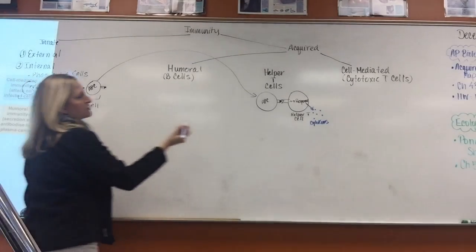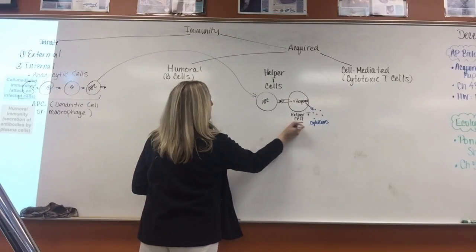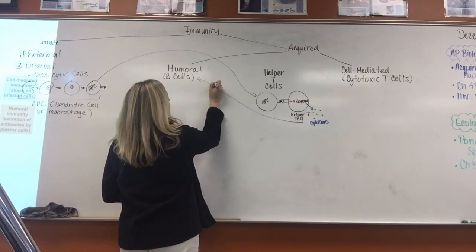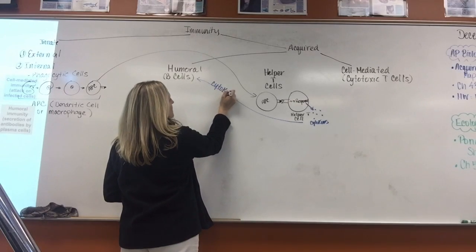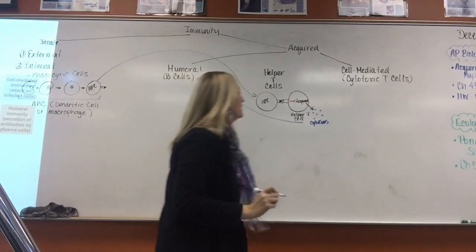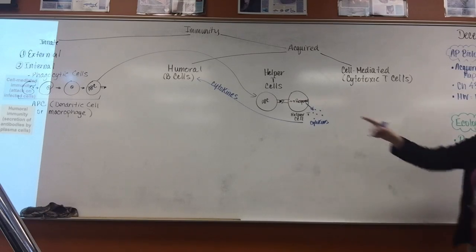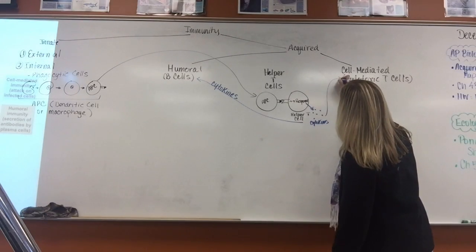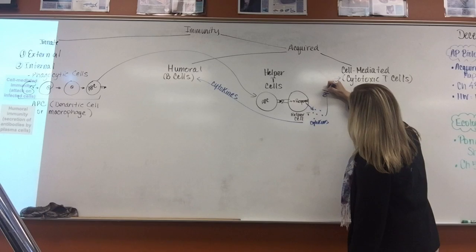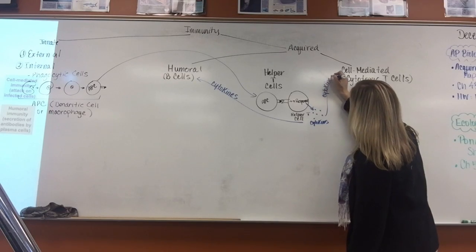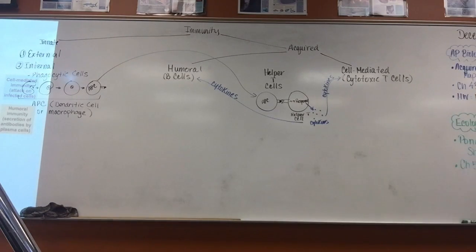So I'm going to draw from here to here that these cytokines are going to come over here and stimulate the big B cell. Or they can communicate and stimulate T cells, right? So here we go. I'm putting all the cytokine stuff in blue here.